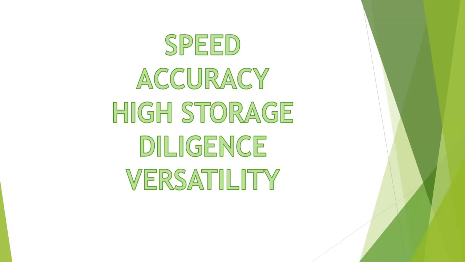You find high storage, and there is diligence: being a machine, a computer does not suffer from boredom or lack of concentration and continues to work. They can work with the same accuracy, compared with humans. And then comes versatility, which is the ability to perform various jobs, and a computer can do such things.